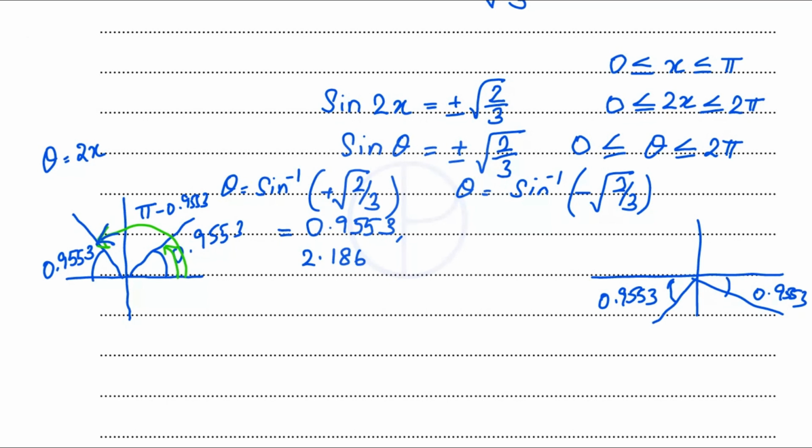Now the solutions are from here to here, this is one solution, and from here to here, this is the next solution. So this is nothing but pi plus 0.9553, and this is 2 pi minus 0.9553.